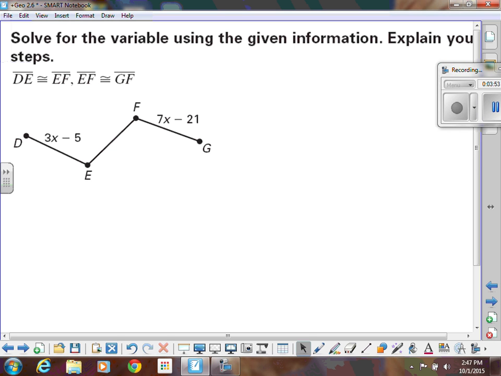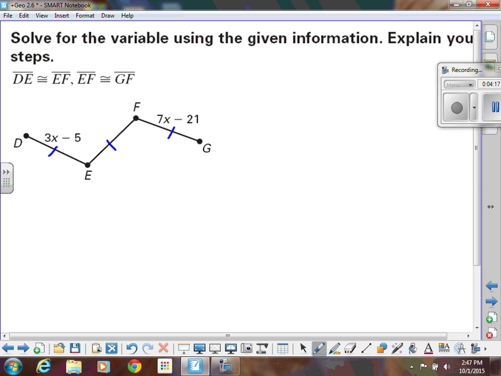Okay, so when we read this information, it says solve for the variable. So we know we're going to be done with the proof when we have x equals something. And notice what we are given. We're given DE is congruent to EF. So I'm going to mark that in the diagram. DE is congruent to EF. And then it also says EF is congruent to GF. So I'm also going to mark that congruent.